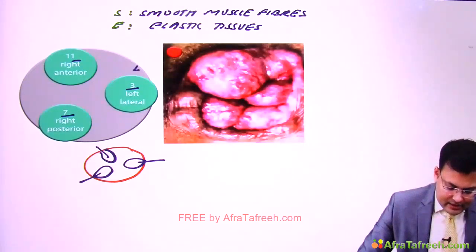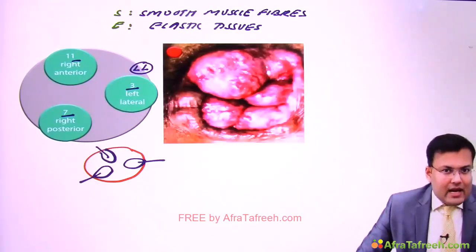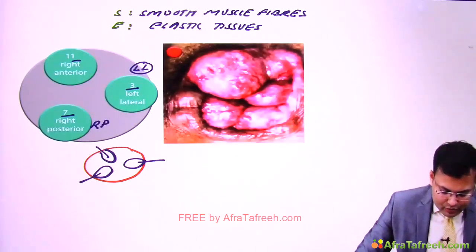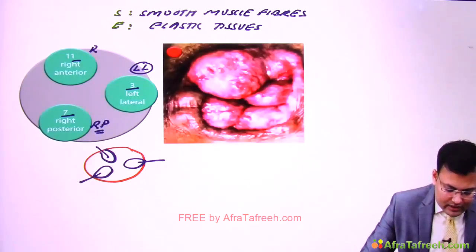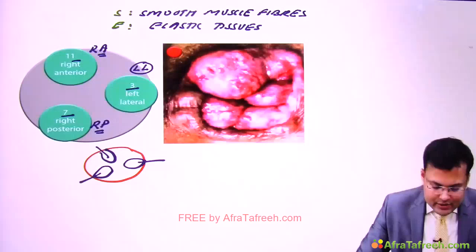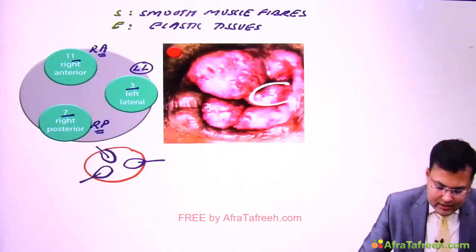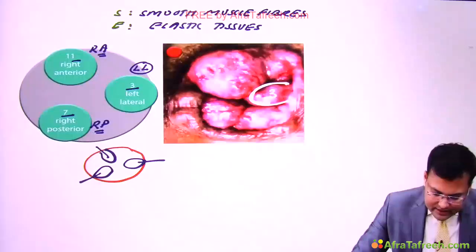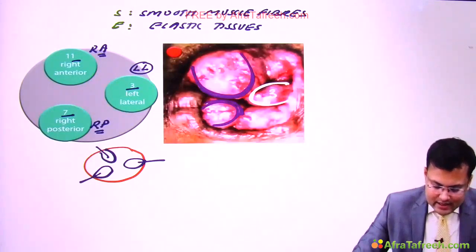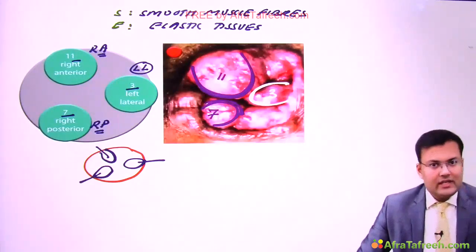In this image you can see the left lateral at 3 o'clock, this one at 7 o'clock, and this one at 11 o'clock. Clear? So these are 3 in number.